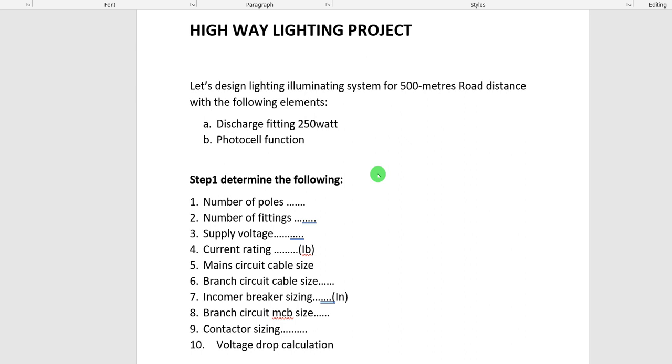So for instance, let me give you a little concept about this design. As an architect, you finish designing a building. What you're expected to do is move that particular design, the soft copy, to an electrical engineer.